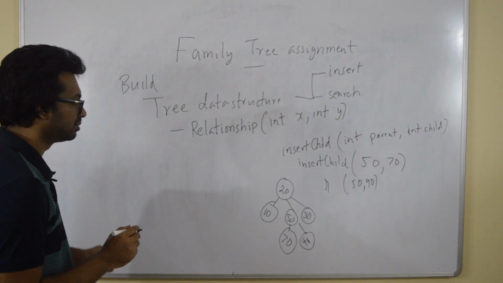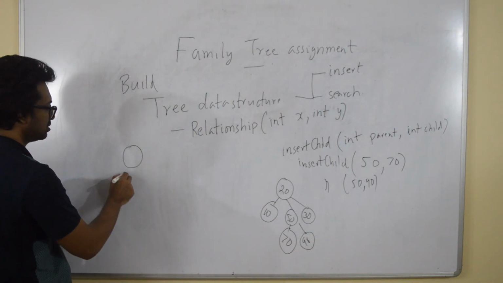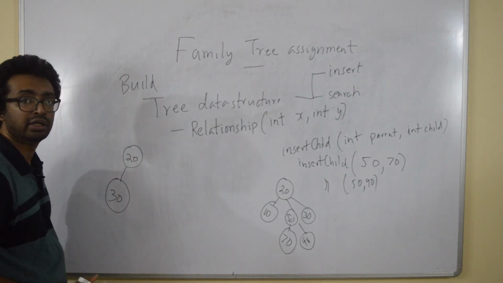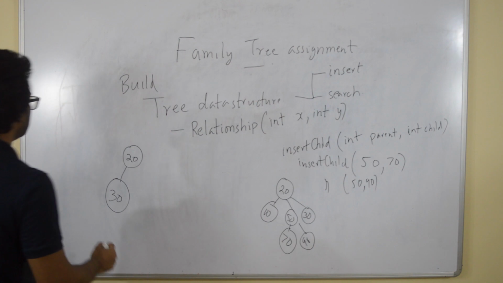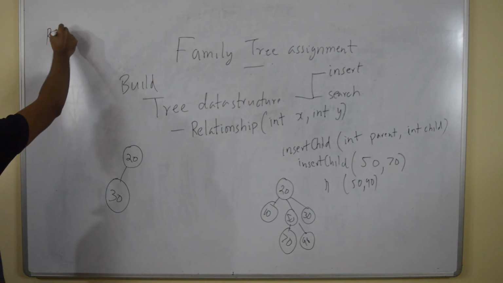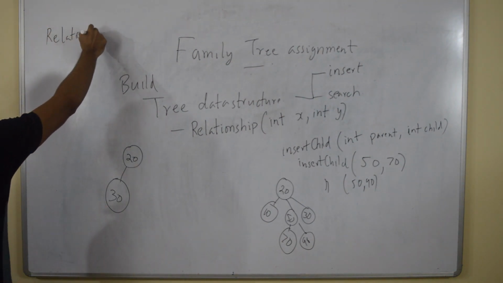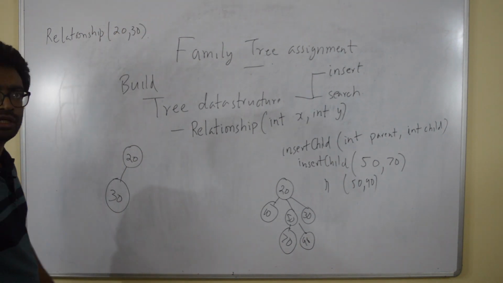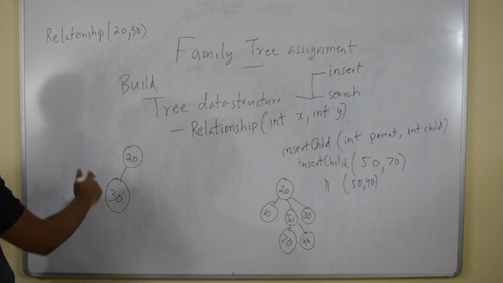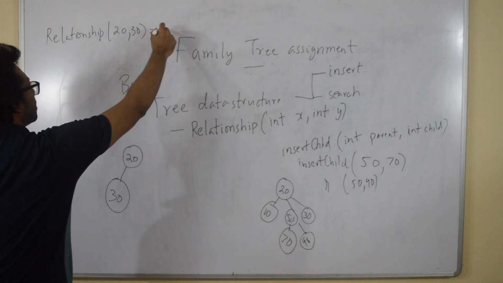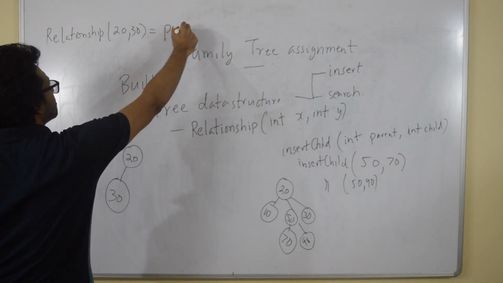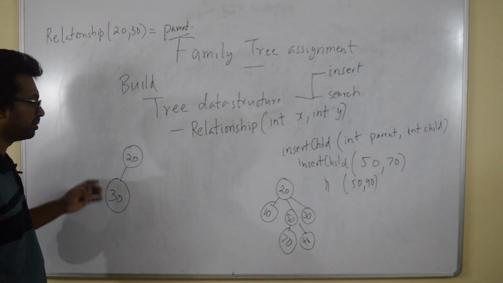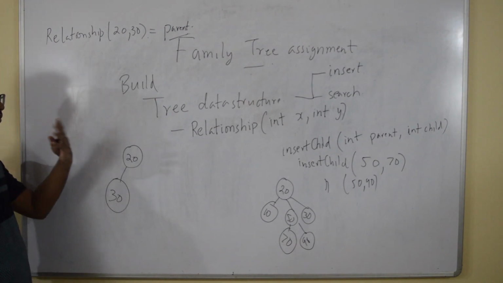For example, let me say I'm going to call relationship of (20, 30). What should the output be? You should print parent, right? Because 20 is the parent of 30.